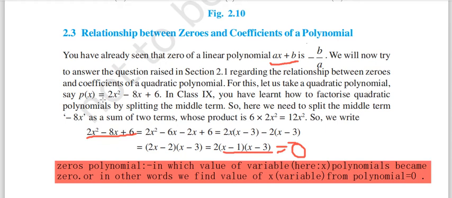First, say p of x equal to 2x square minus 8x plus 6. In class 9, we learned how to factorize a quadratic polynomial by splitting the middle term.